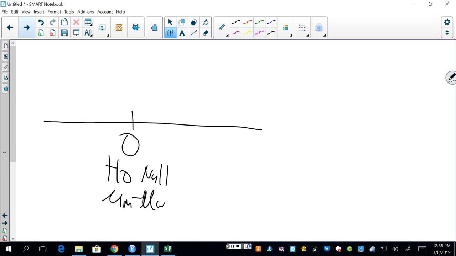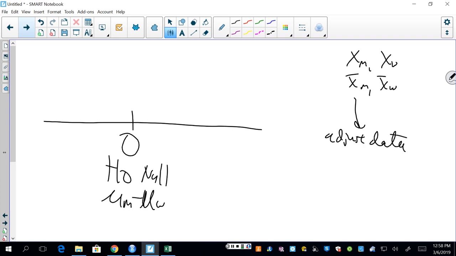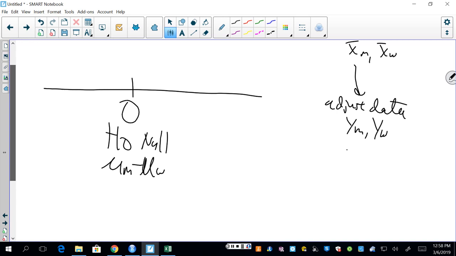When we have our data, x for the men, x for the women, and the average for the men, and the average for the women, we're going to adjust these data and call them y's, so that the average of the two groups is equal to one another. Right? So we're going to modify the data slightly so that it's consistent with that null hypothesis, and then generate bootstrap samples.